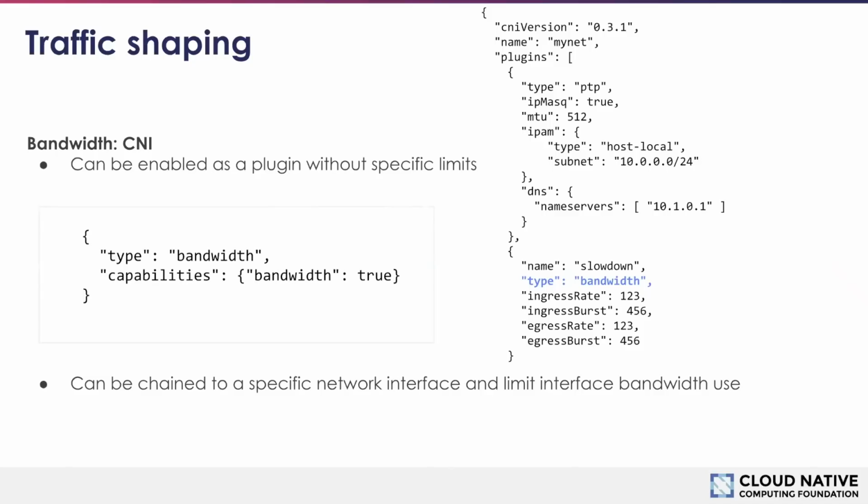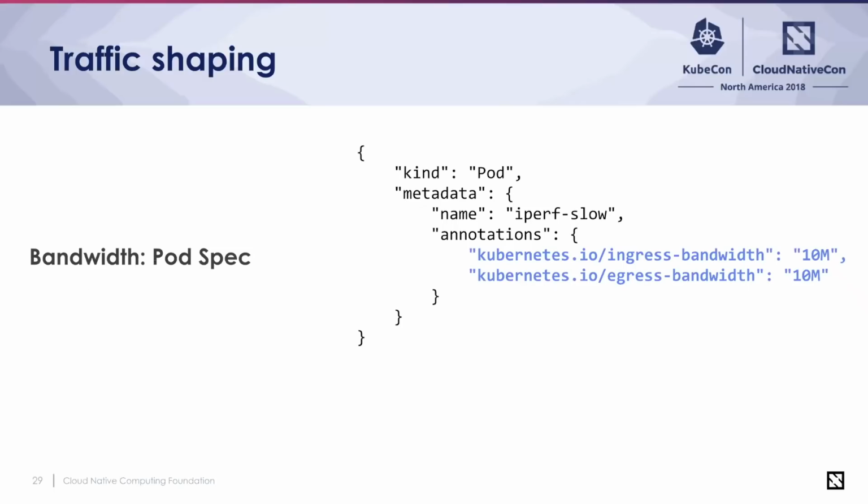So it makes sense to make sure that the bandwidth is kept low when using that interface. But when the bandwidth capability is turned on, we can then annotate our pods running on a certain node, and limit the bandwidth those pods will be using when running on that node.